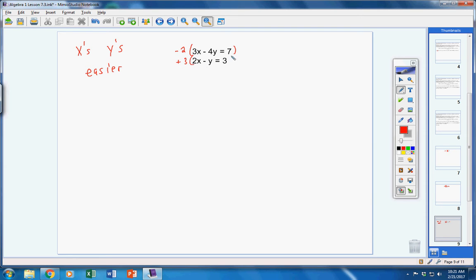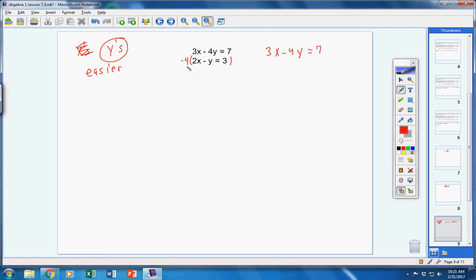That would give you a negative 6 here and a positive 6 here, and that would work. But that's a lot more work. For me, it's easier to eliminate my y's in this problem. So I'm going to multiply my bottom equation by a negative 4. Let's see what happens, okay? My top equation stays the same.